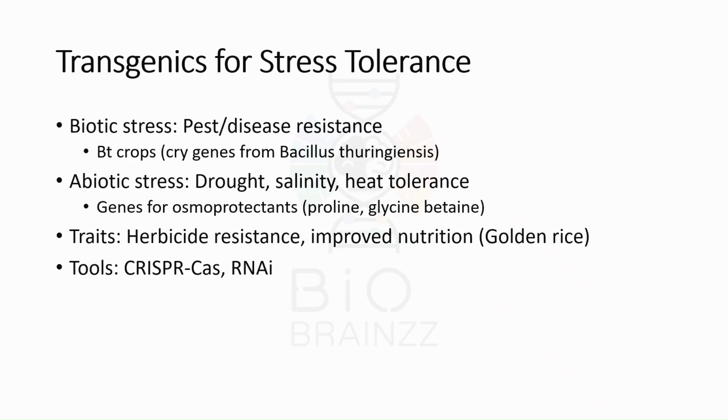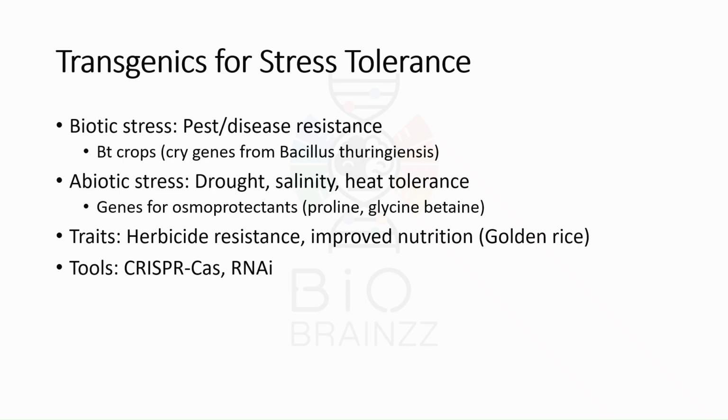Transgenic plants are genetically modified organisms developed by introducing specific genes for desirable traits such as biotic and abiotic stress tolerance. Biotic stress resistance involves protection against pests and pathogens, commonly achieved through Bt crops that express Cry genes derived from Bacillus thuringiensis. These genes produce insecticidal proteins that are highly specific and reduce the need for chemical pesticides.